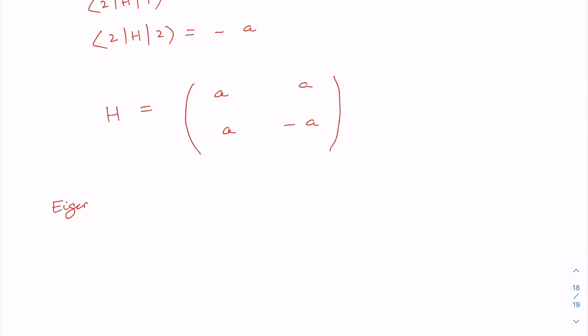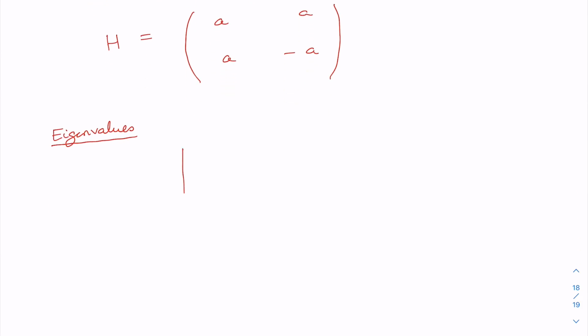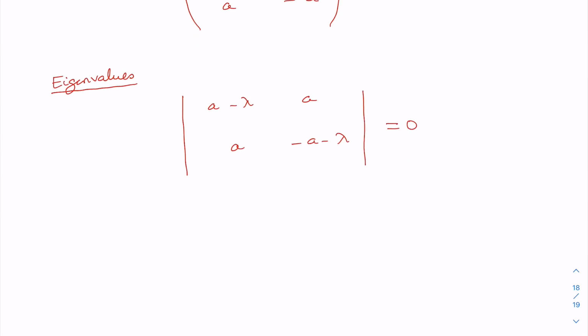You now just have to find the eigenvalues of this matrix. Because the Hamiltonian corresponds to energy, the eigenvalues would be energies. So you have to solve the characteristic equation: A minus lambda, A, A, minus A minus lambda is equal to 0.